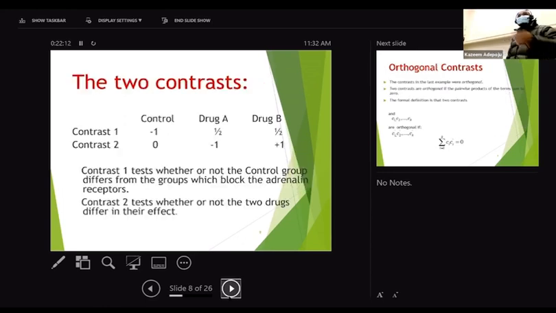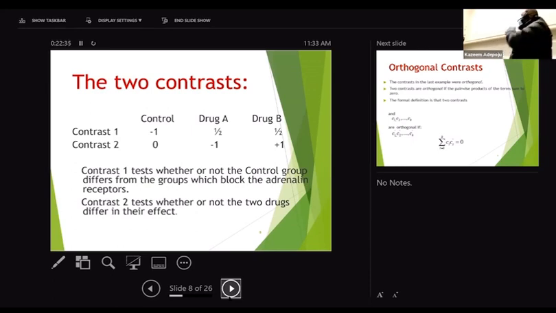Take a look at this. Contrast number 1. When you are constructing a contrast, you decide on the contrast weights in such a way that the sum of the contrast weights must be equal to 0.